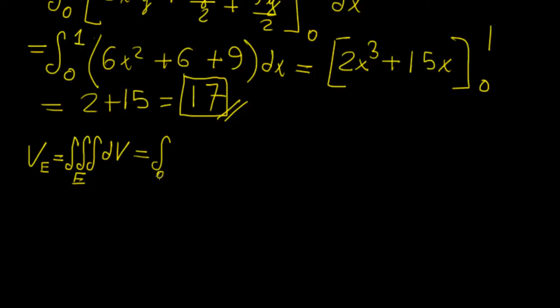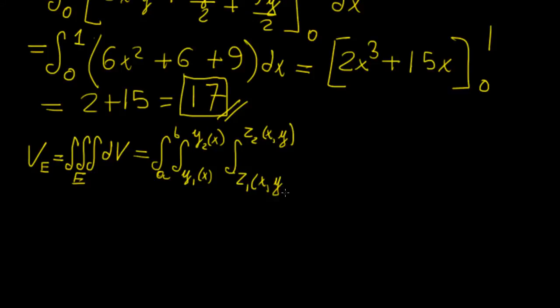Let's do the definition again. a to b, then y1(x), y2(x), and then z2(x,y), z1(x,y), and then our element of volume is going to be dz dy dx.